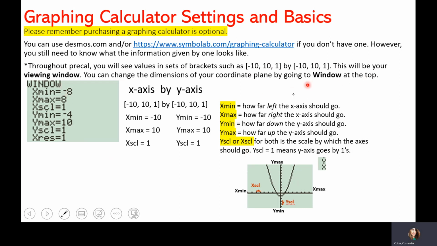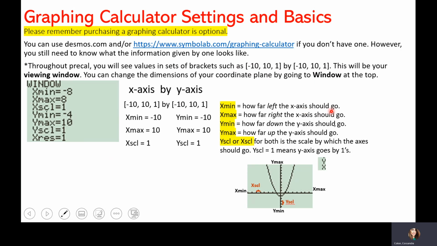This is called your viewing window. They will give you these brackets in any particular problem set. You are required to change the dimensions so that you can visually see your graph best. These dimensions are going to tell you how far your X axis should go to the left, which is your X min.